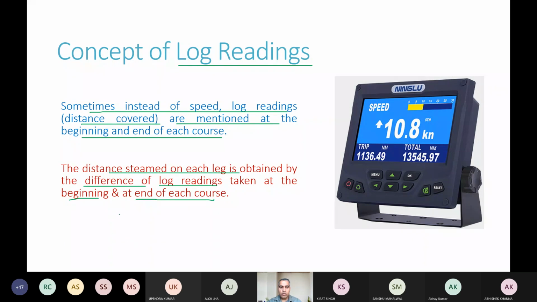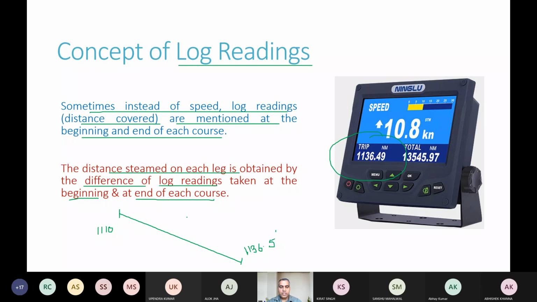Let us say you were moving on a particular course. When you started moving, the log reading was 1110. And when you ended on this particular course, the log reading was 1136.5.